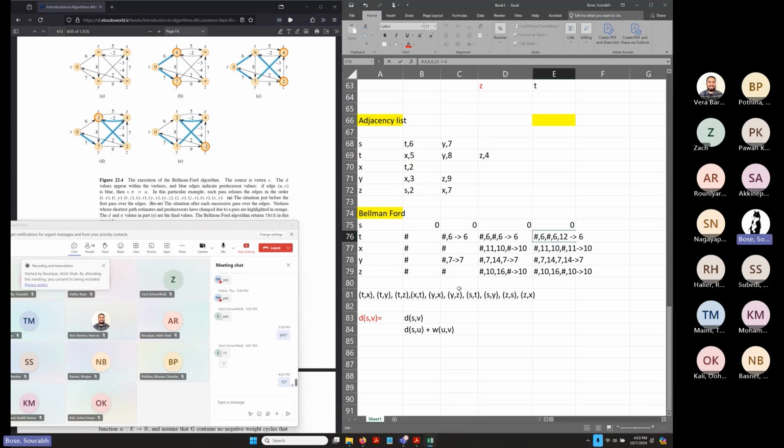Because we are updating T with XT, it is S to X plus XT. So this is basically S to X and XT.